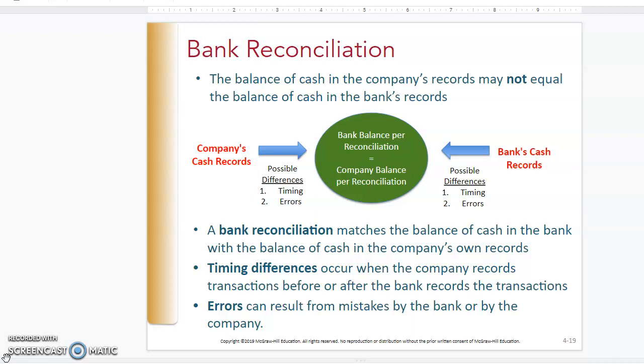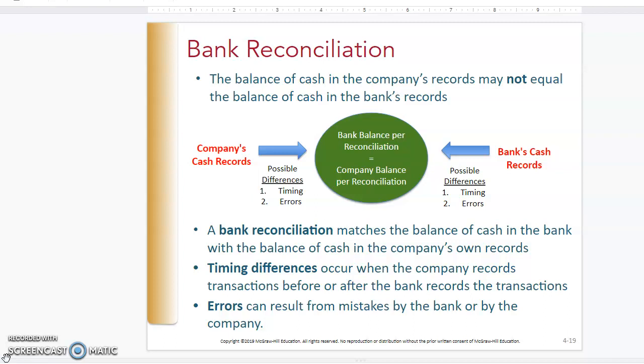So that's another one that's a timing difference of amounts recorded on the bank that are not recorded on the books. Those are the things that you're going to need adjusting entries for. Any timing difference that needs to be recorded on the books is going to require an adjusting entry.